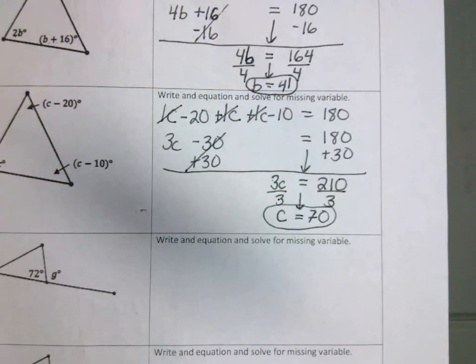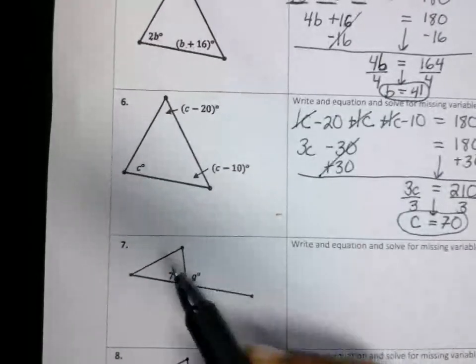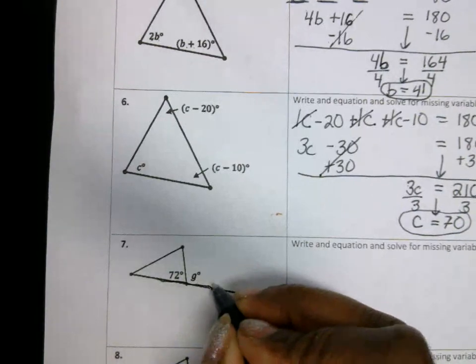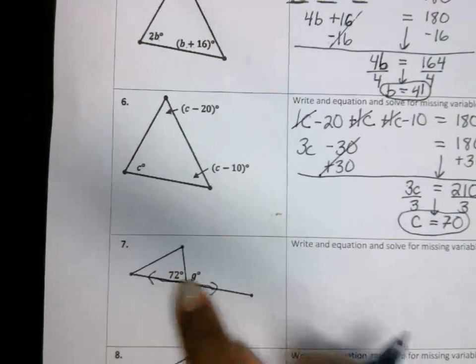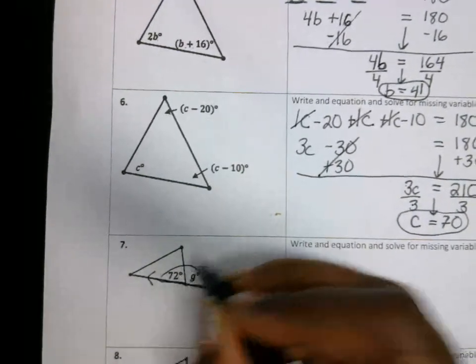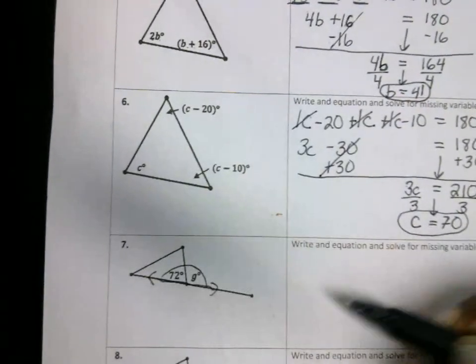All right, let's try it. This is a straight line. What is the measurement of a straight angle or a straight line? It's also 180. So these two angles added together is going to give you 180 because it's a straight line.